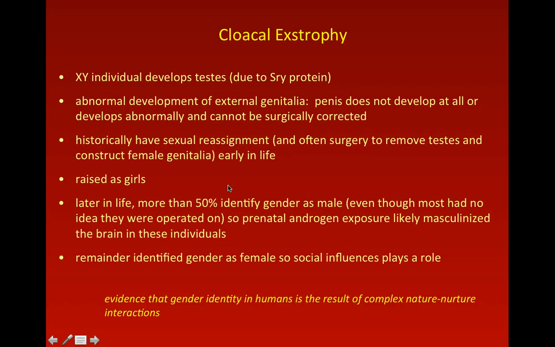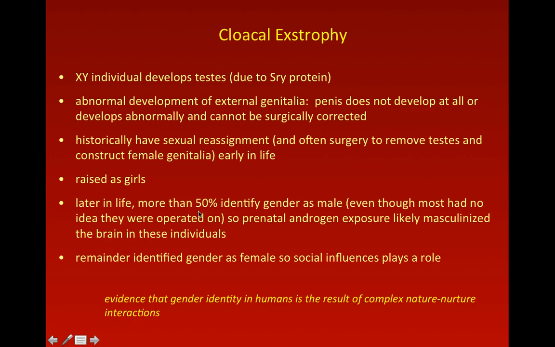So, in other words, there is a suggestion here that the prenatal androgen exposure, because these individuals had functioning testes that secreted testosterone, it's possible that there was an effect of androgen on the brain that masculinized the brain, so that in adulthood, even though these individuals have had female genitalia and were raised as girls all their life, they still identify as male in adulthood.